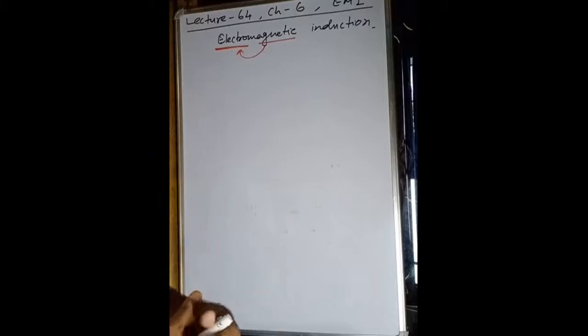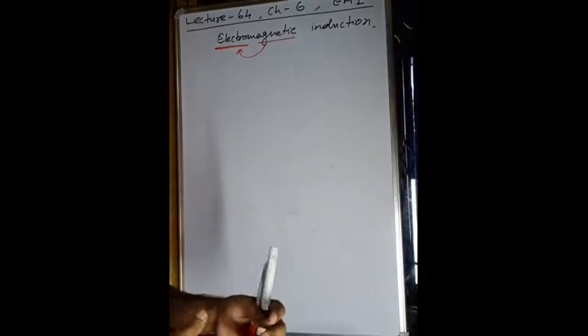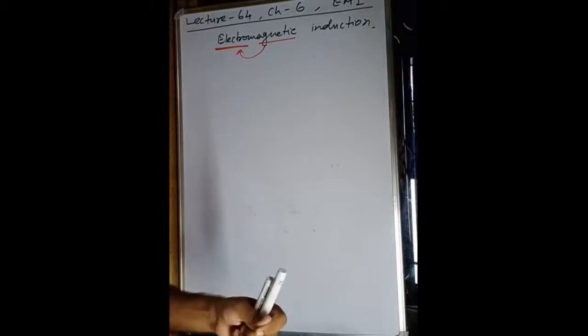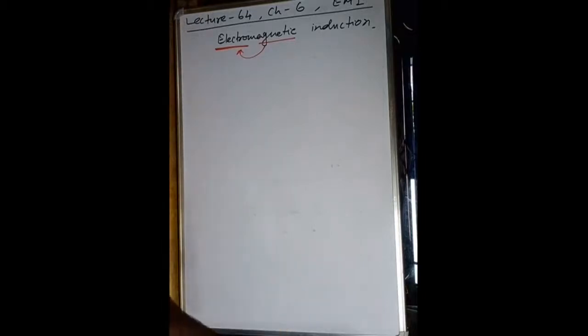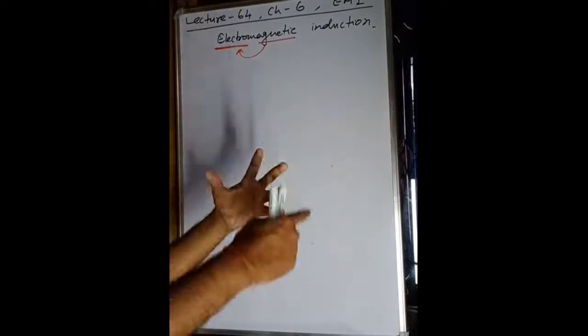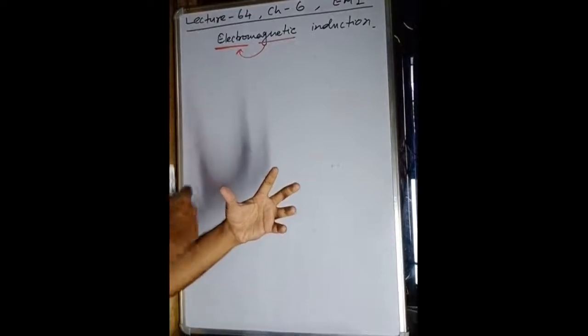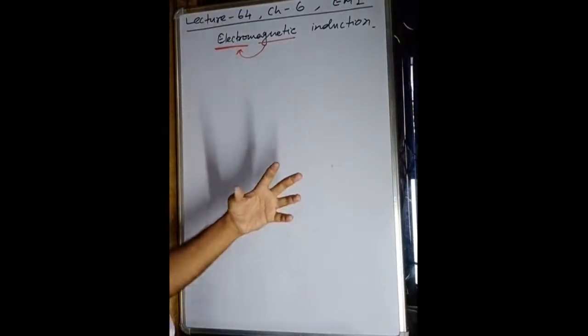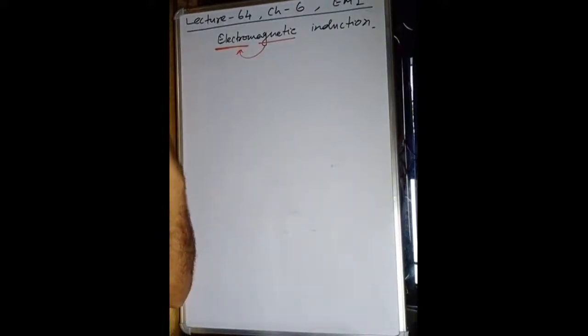We will also study how the electric field or the charge induced can be studied through a coil in this chapter. Then, if a current is induced in a coil, what will be the direction of the current, whether clockwise or anti-clockwise, we will study with the help of Lenz's law. Okay, my dear students.